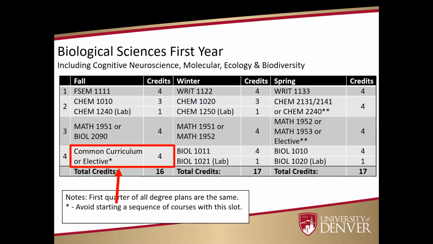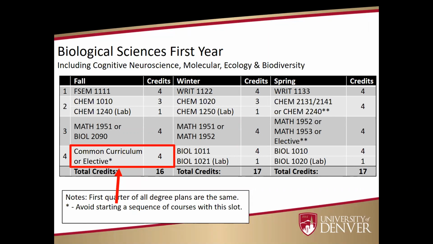Because all 3 of those courses have a lab, you will not take a lab sequence until you hit biology in the winter quarter. So that leaves that last course, number 4, in your fall quarter. You would sign up for a common curriculum course or something that would move to your elective courses.